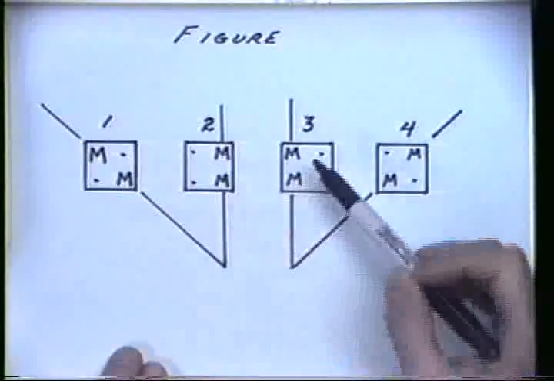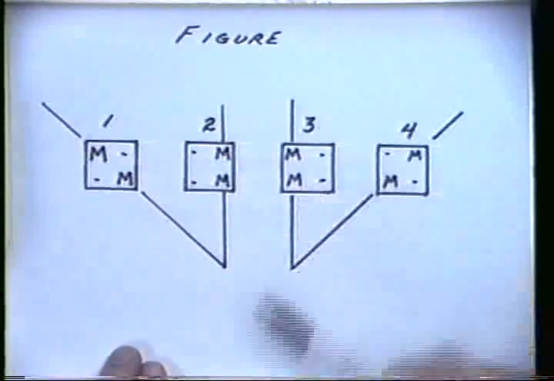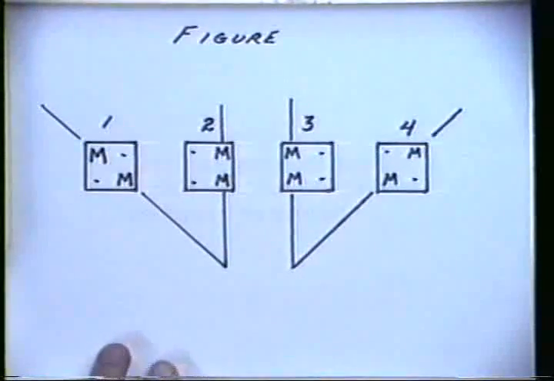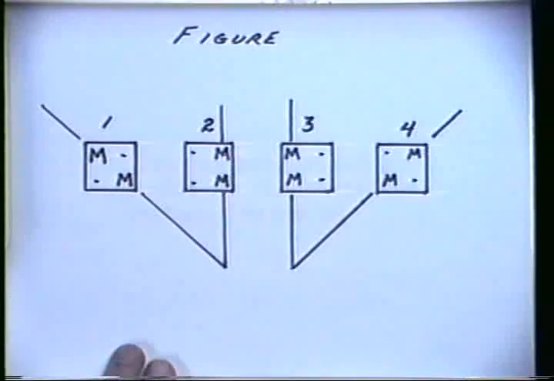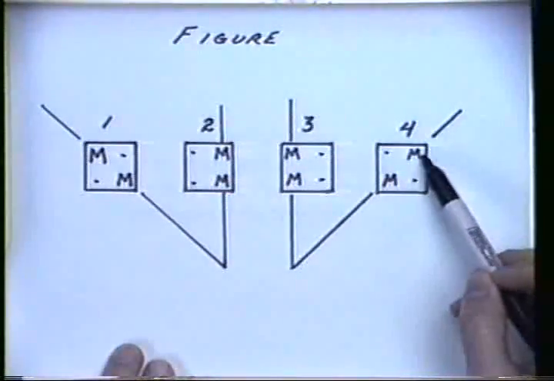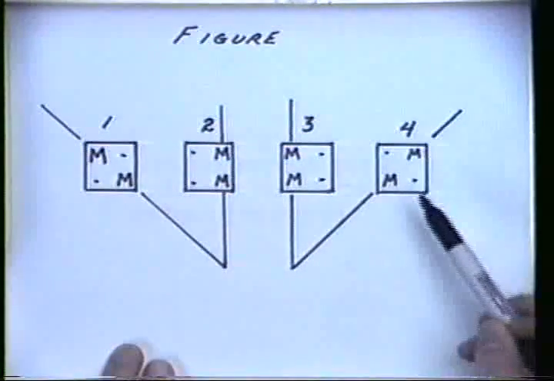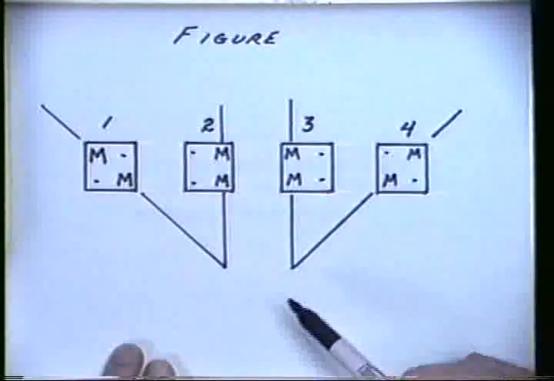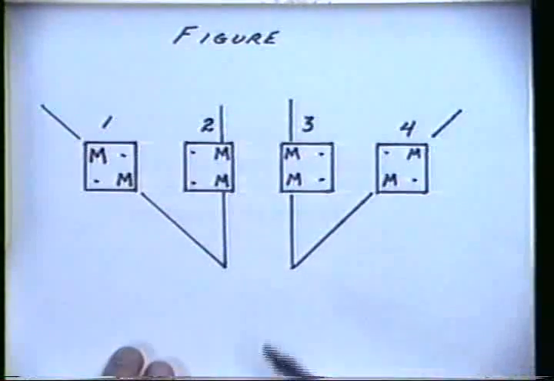And figure 3 is the opposite of figure 2, where the middle term occurs in the subject position of each of the premises. And lastly, figure 4 is the opposite diagonal of 1, where the middle term occurs in the predicate position of the first premise, the major premise, and in the subject position of the minor premise. We'll refer back to this figure as we do some problems.